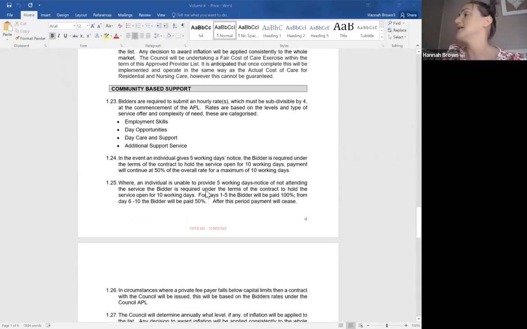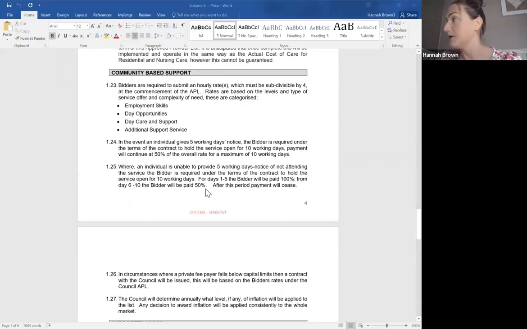If we just move further down, it talks about community-based support there. So the biggest change here is that community-based support providers will be asked to submit an hourly rate for their services, whereas previously we've accepted session rates. So it'll be an hourly rate with the ability for you as a provider to submit a minimum number of hours that you require a person to attend your services.